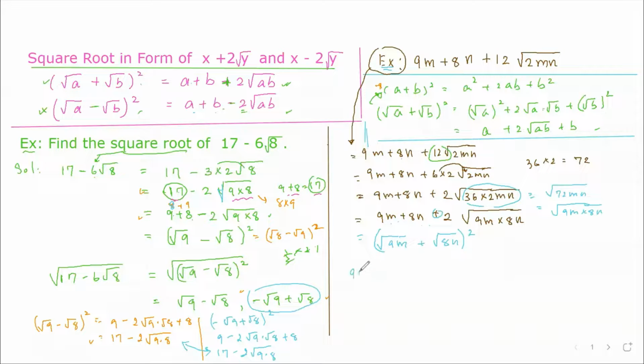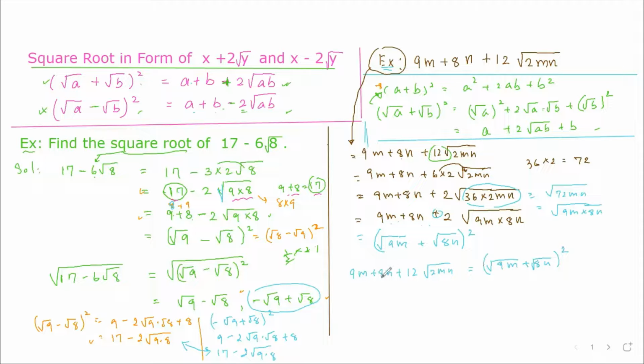So it becomes 9m plus 8n plus 12 square root 2mn. This one equals this one. I rewrite it down, because I don't have space on the left hand side. So equal to this side is what? 9m plus 8n, square root also, sorry. Square root, and the whole thing power 2. I just rewrite it, okay?